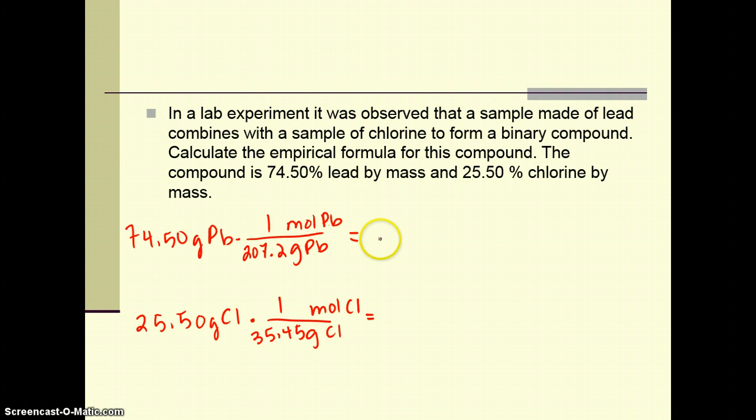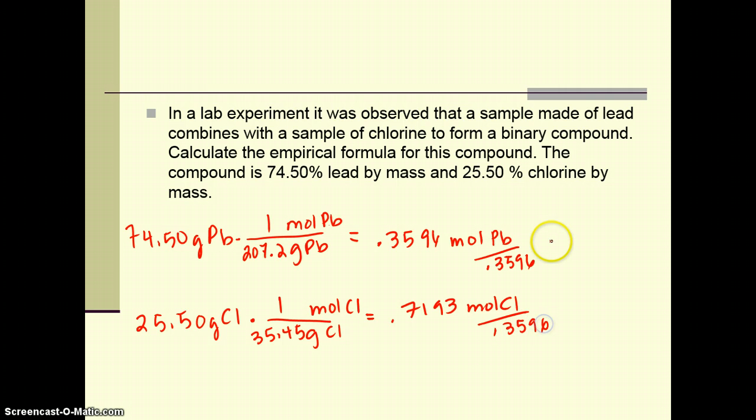I solve this, and I get 0.3596 moles of Pb, and I get 0.7193 moles of Cl. I divide through by my 0.3596, and here I get 1, and here I get 2, and I get PbCl2.